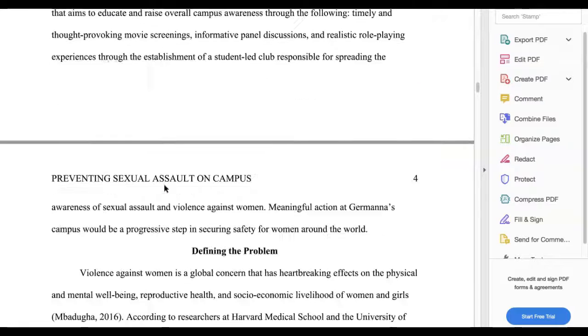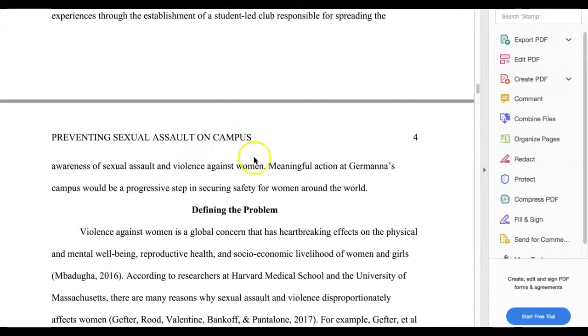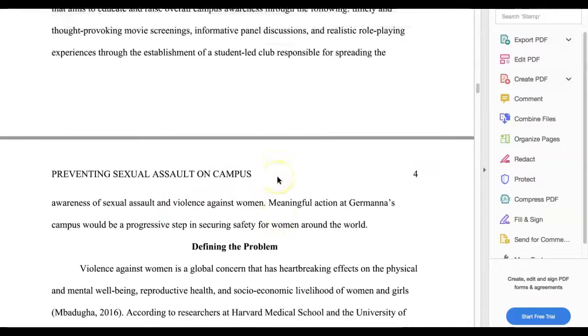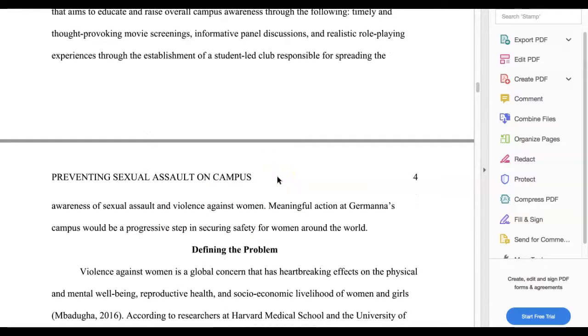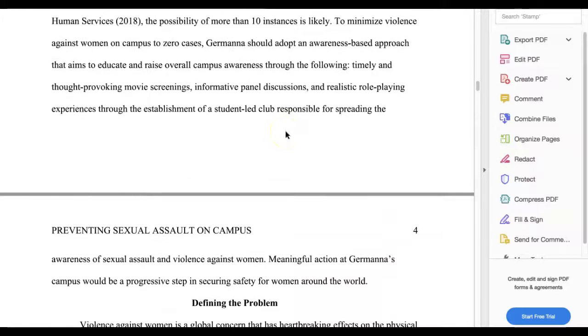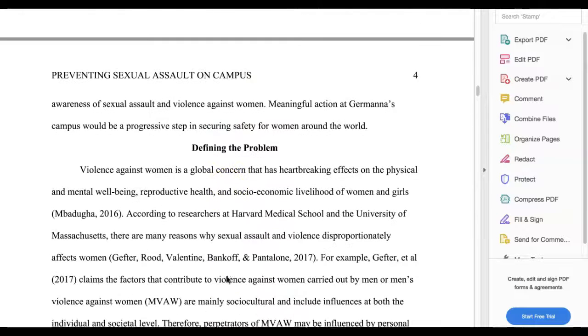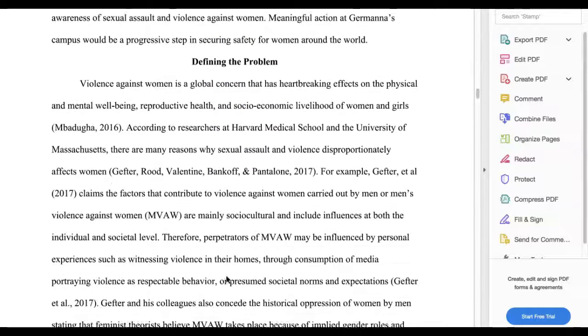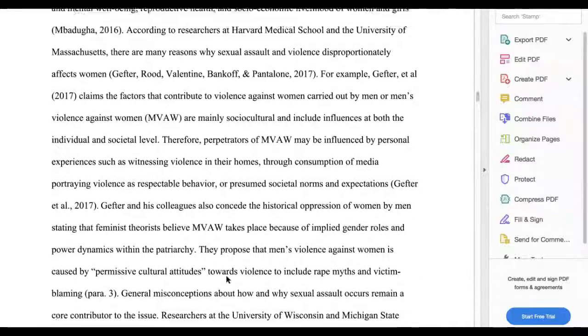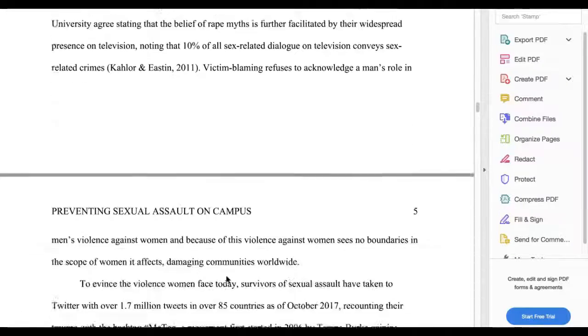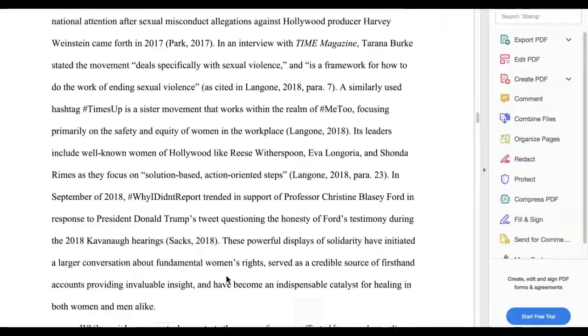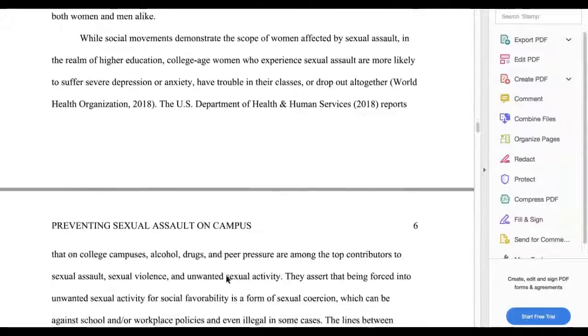And then she goes on and she finally offers her claim and her offer to how we can best solve this problem for our local area. Then she has a section of her essay where she defines the problem, provides her context, and it's a couple different paragraphs.